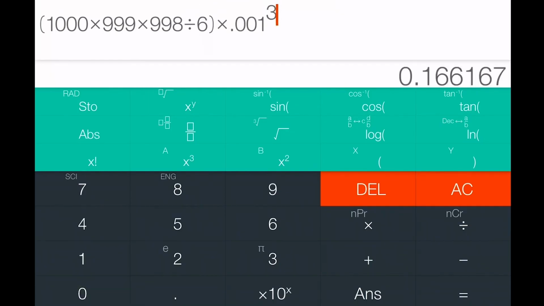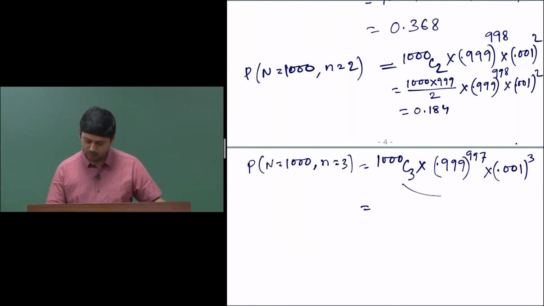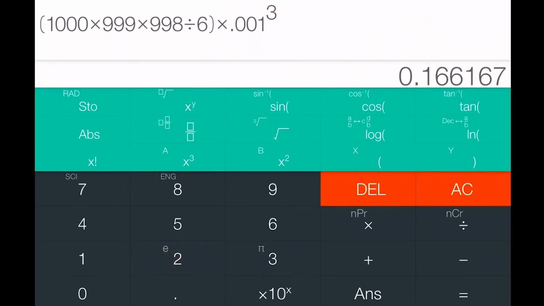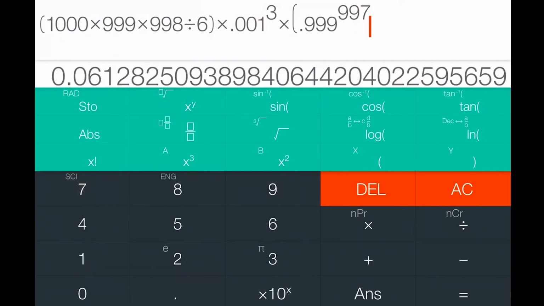Good, 0.166, and then we are still left with 0.999 to the power 997. Let us see. It will be almost 0.368 though. We got 0.06 as the result.